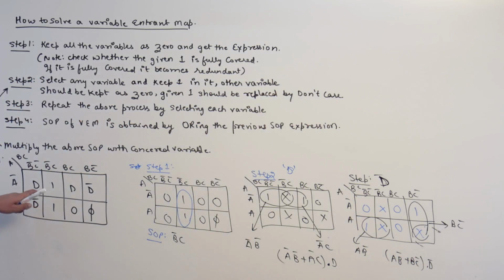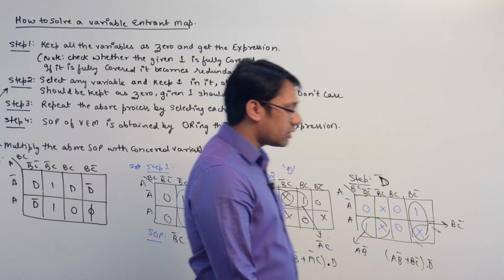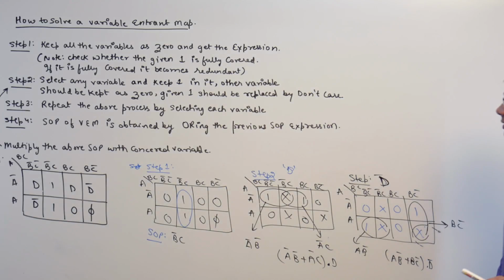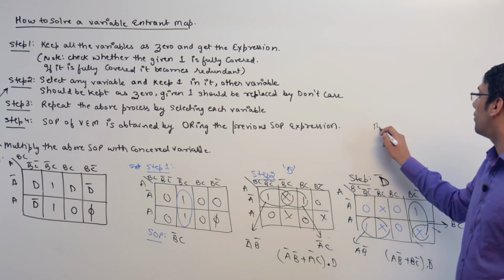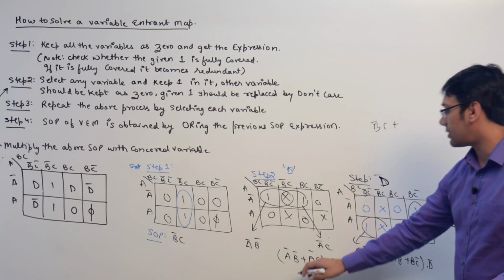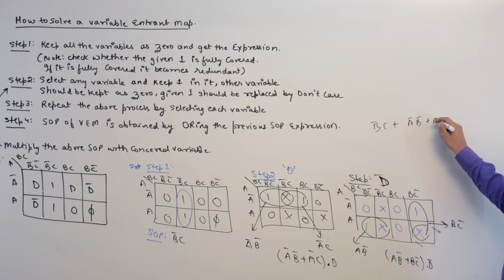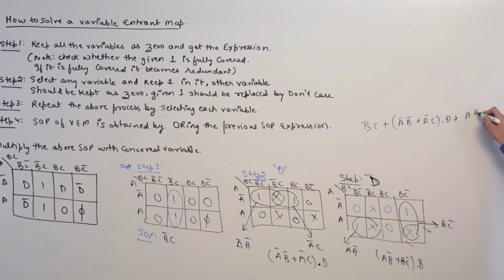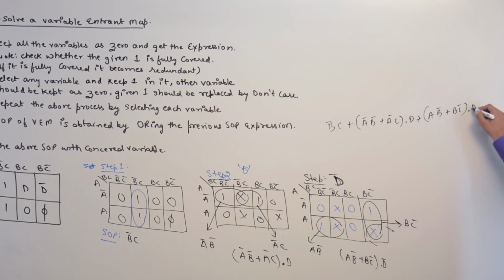Now we had only two variables, D and D complement. Step 4 is that the SOP for the variable entrant K-map is obtained by ORing the above SOP expressions. For example, we OR these three. The first SOP expression is B complement C, plus the next SOP expression is A complement B complement plus A complement C dot D, plus the third SOP expression is AB complement plus BC complement dot D complement.